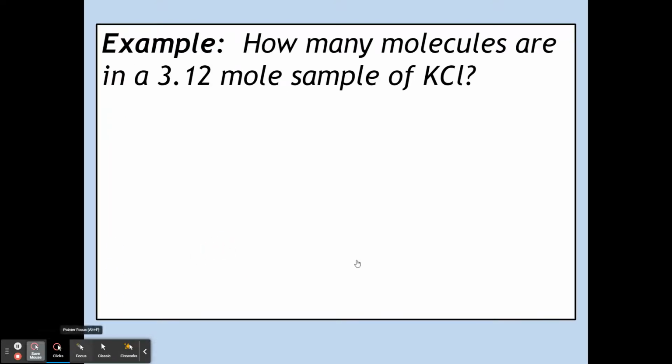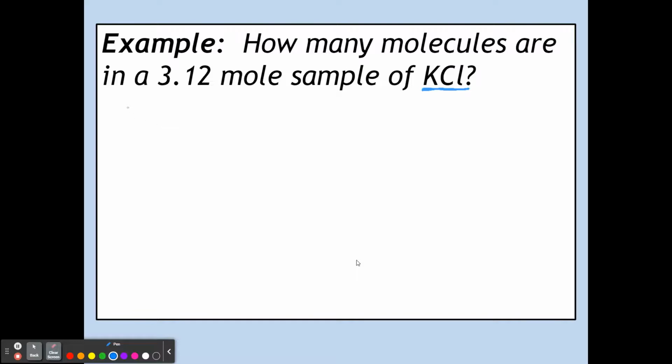Our next example, we have how many molecules are in a 3.12 mole sample of potassium chloride. Notice that now instead of just one single thing, like we had helium or sodium, we're using a molecule. So there's different words. Our first one we use the word atom, our second one we're using the word molecule.